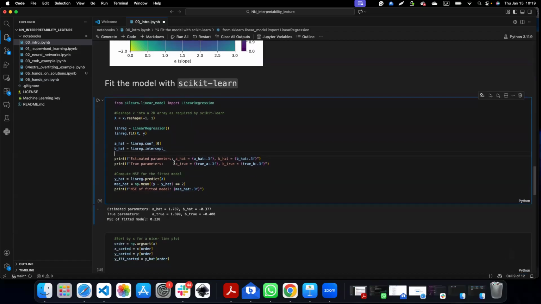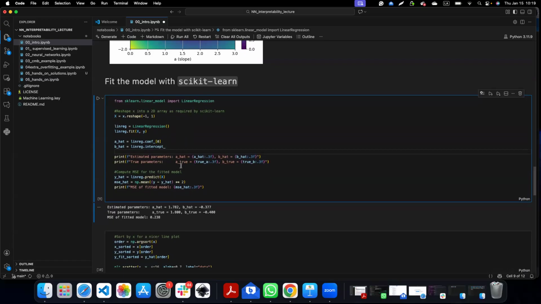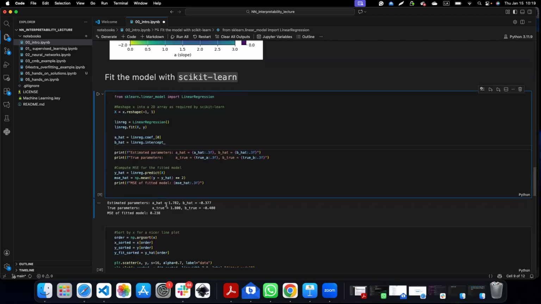And then we have the parameters that we want to estimate from our simulated data. So we're going to have A hat and B hat, as you can see here. So we first import our linear regression. We define the model.